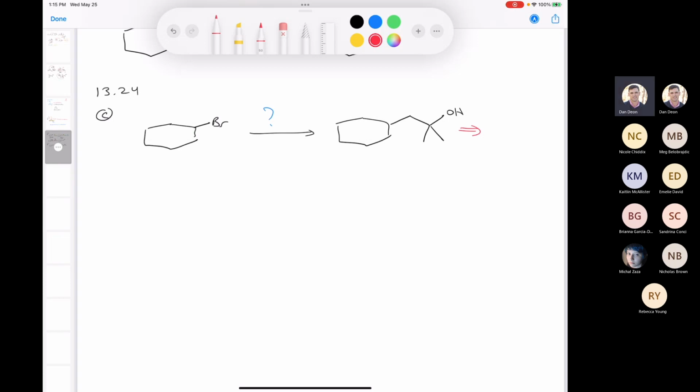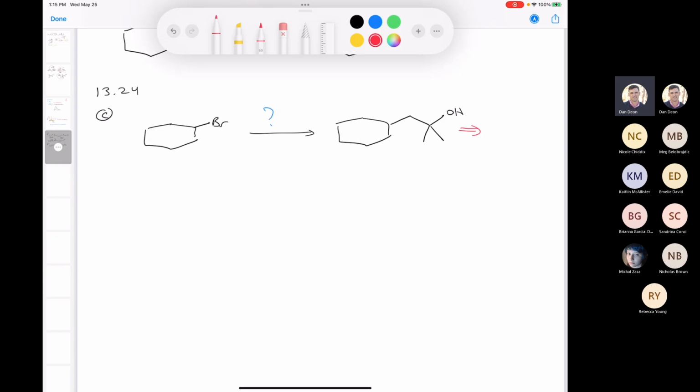Even if you can't name it and only describe it, that's good enough for me. Could anybody provide a name for that electrophile? Yeah, it's an epoxide. Absolutely, Nick. Well, what would we have on that epoxide? That's what we need to figure out.